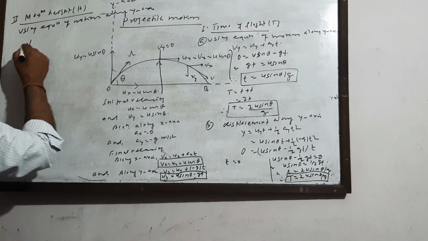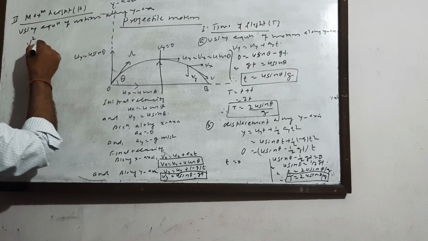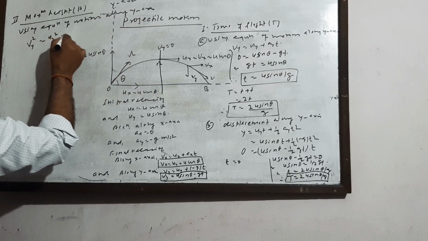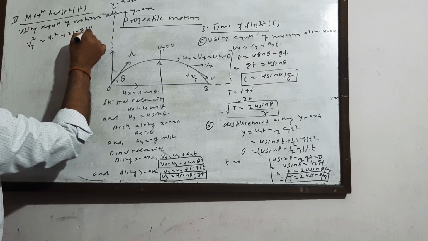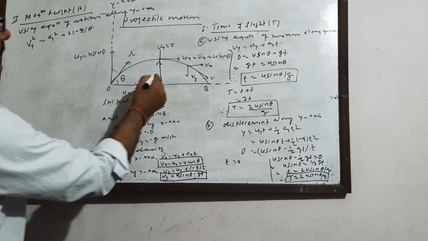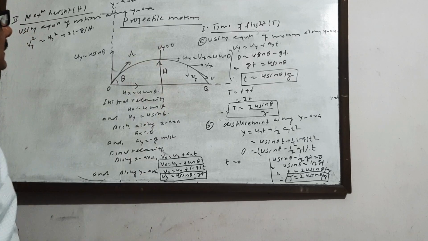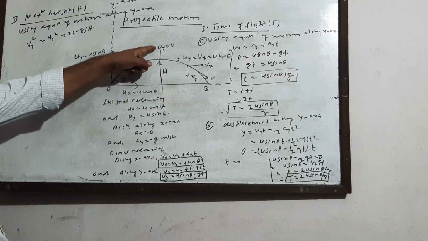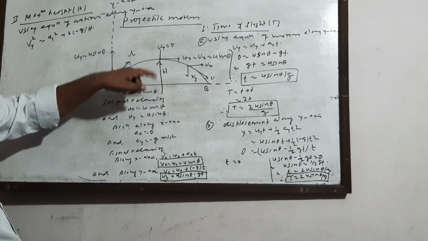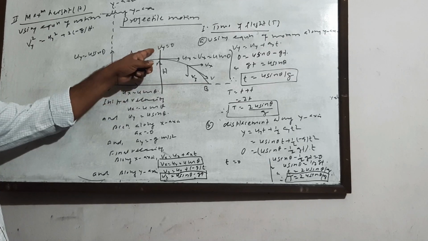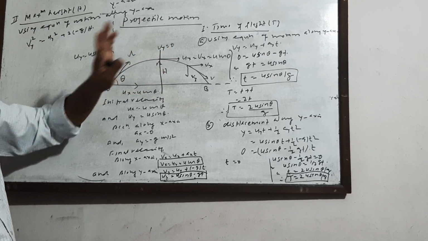So velocity can be represented as Vy square equals Uy square plus 2g H, where capital H is the maximum vertical height attained by the projectile, and the final velocity of the projectile at the highest point is equal to 0.